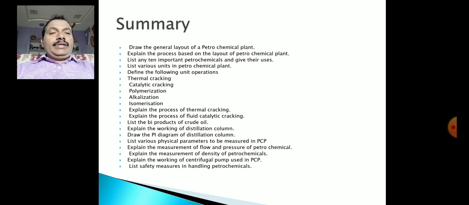In that, we saw how different materials or feedstock are subjected to different temperature and pressure conditions, so that the lighter molecules are collected at the top and heavier molecules are collected at the bottom.